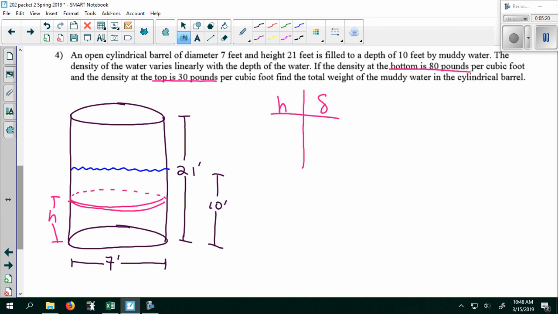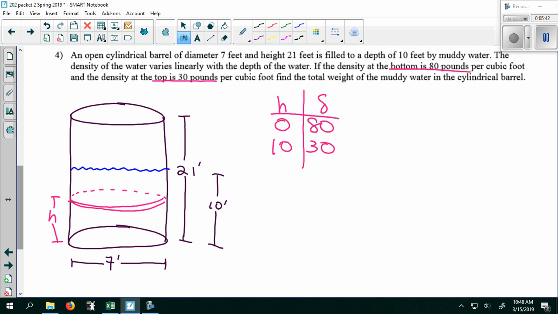So at the bottom of the barrel, the density is 80 pounds per cubic foot. And at the top, when I hit the top of the water, how high is the water level? 10 feet. So at the top, 10 feet, the density is 30 pounds per cubic foot.